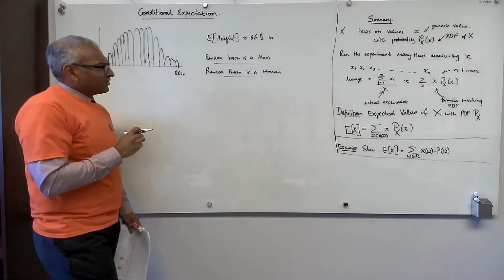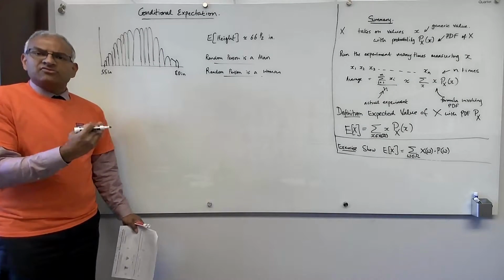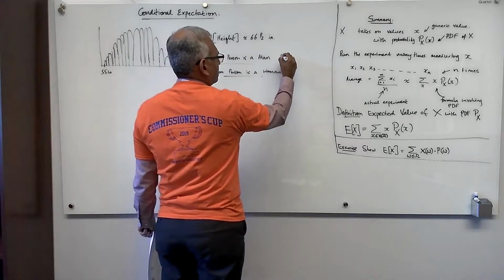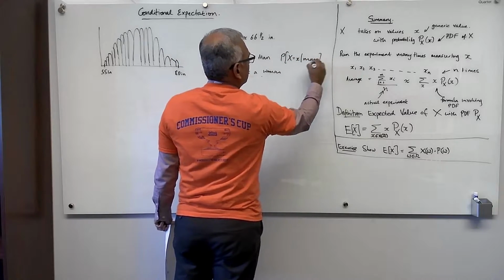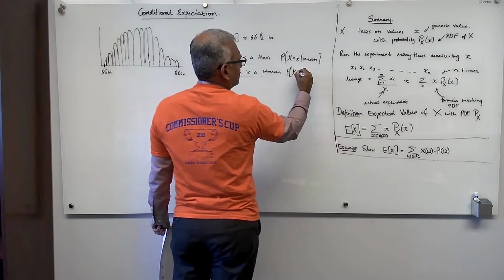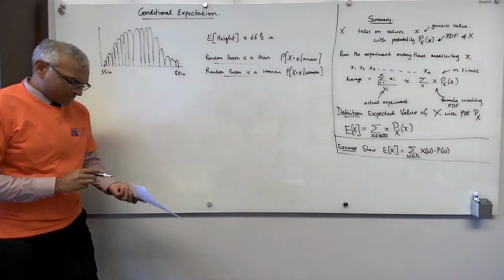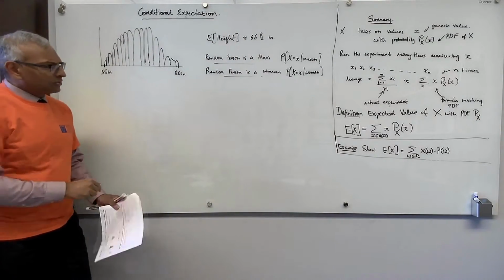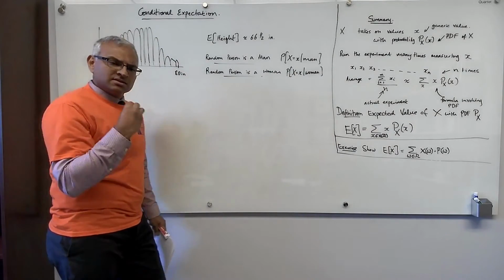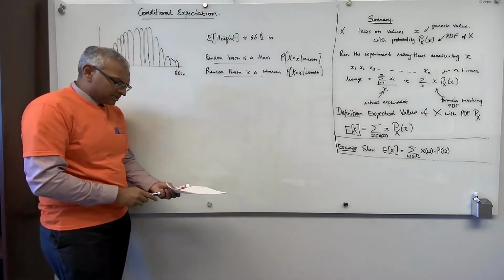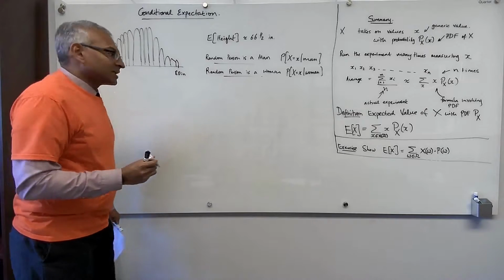If I tell you that the random person is a man, then the PDF of the heights changes. So you have the probability that your height equals X given man, and the probability that your height equals X given woman, or male, female. The overall PDF is in some sense a sum. It combines these two PDFs. If we look at these two PDFs, we indeed see something that looks like a bell-shaped curve.